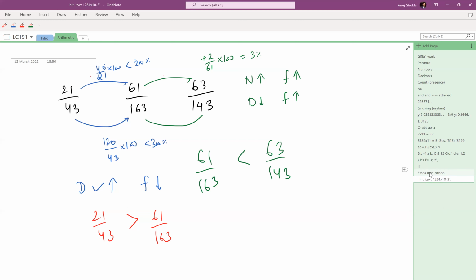Whatever I have taught you, if you use even 5% of it, not 100%, just 5%, you will get 170 out of 170 only through this. Because if you do the calculation with a calculator, believe me, you will not be able to complete the paper. But without a calculator, you'll be able to complete the paper before time.